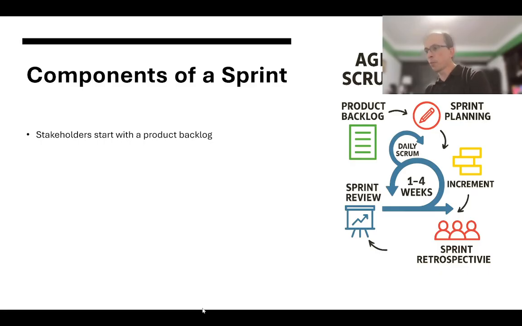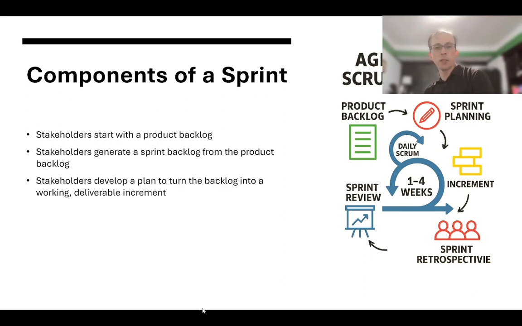Plus some sort of plan for delivering on those items that are going to be a part of the sprint backlog. The project manager develops the schedule, matching those sprint backlog items up to individual developers to work on, and then the sprint commences.